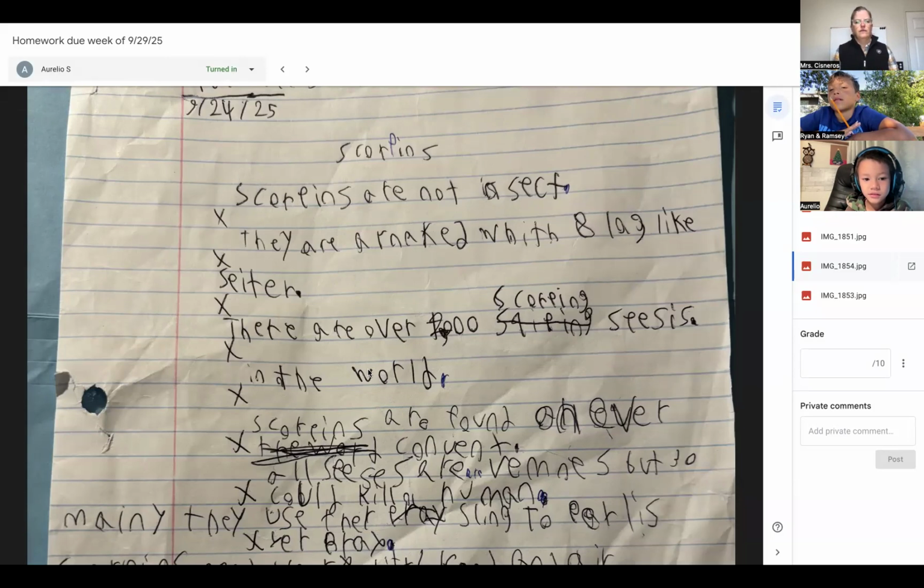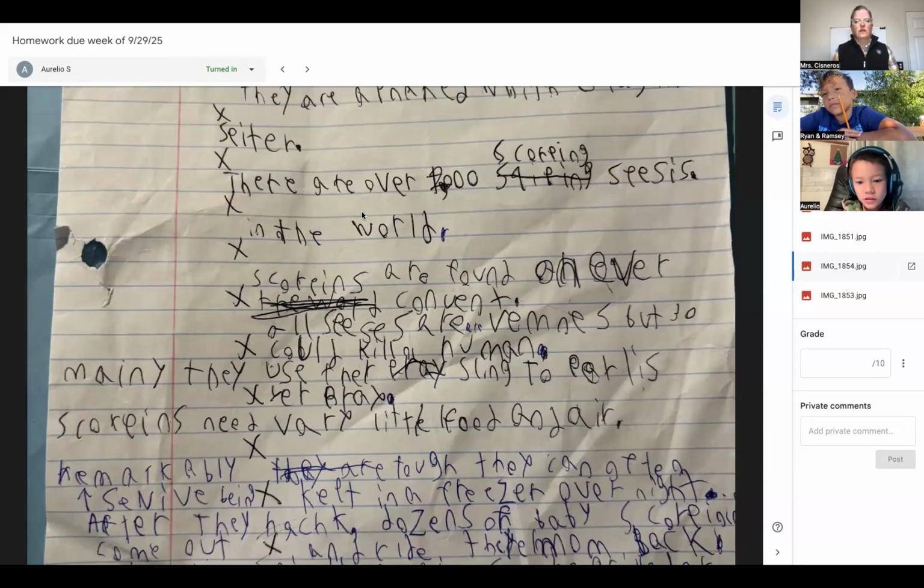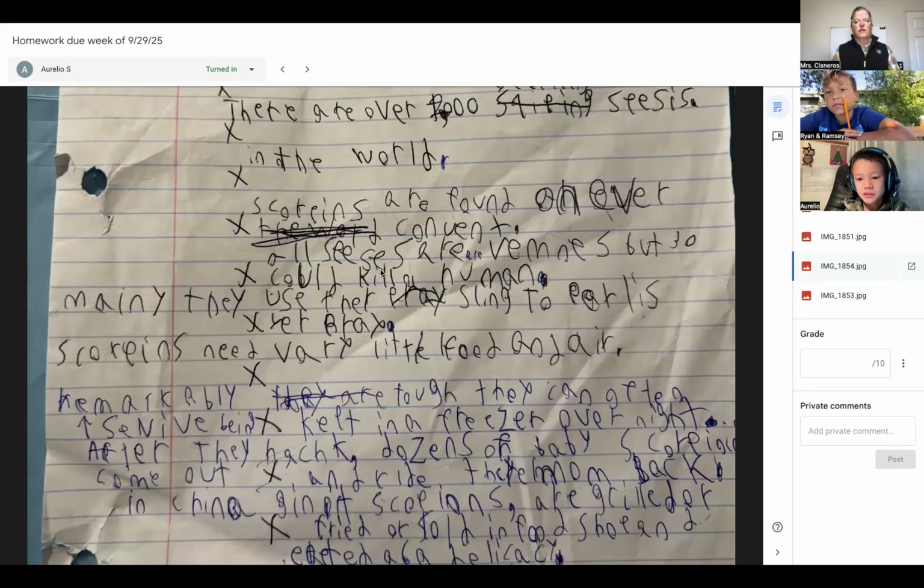Okay. There are over 2,000 scorpion species in the world. Scorpions are found on every continent. All species are venomous, but 30 could kill a human.